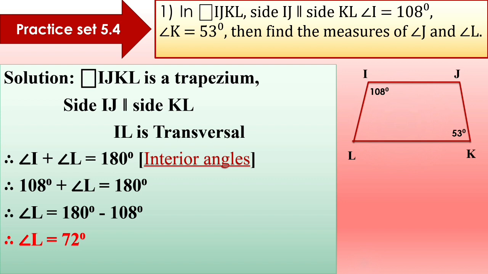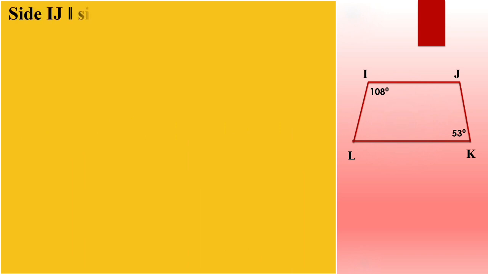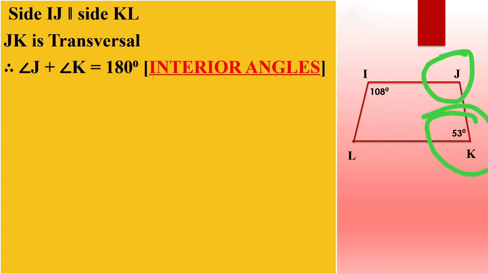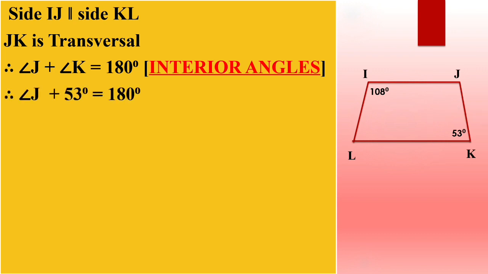Now, we have to find the measure of angle J. Students, side IJ is parallel to side LK. Now JK is a transversal. Same way we will do angle J plus angle K equal to 180 degree. They form interior angles. So angle J plus 53 degree equal to 180 degree.